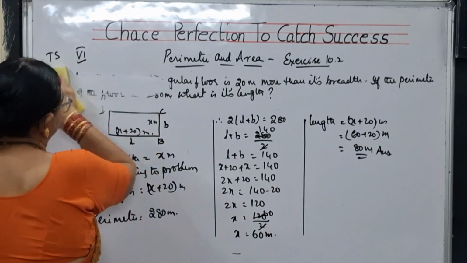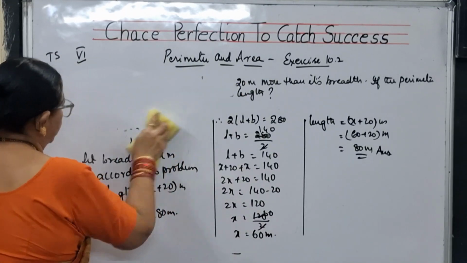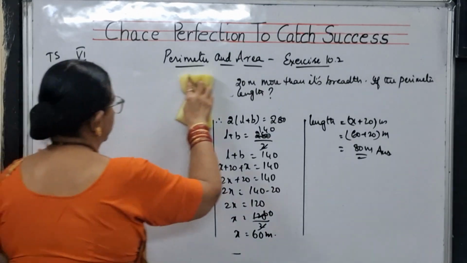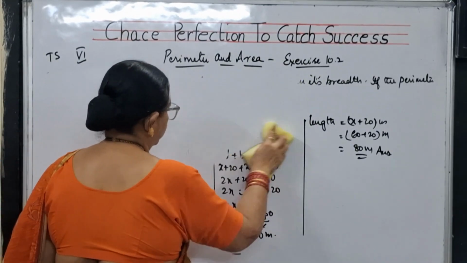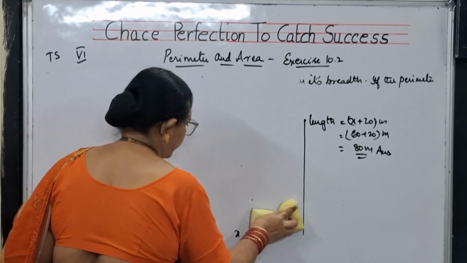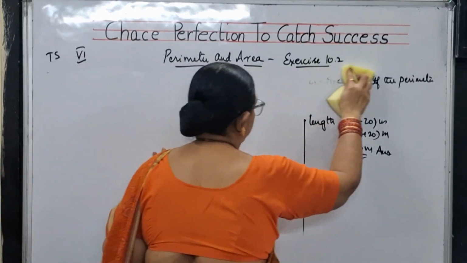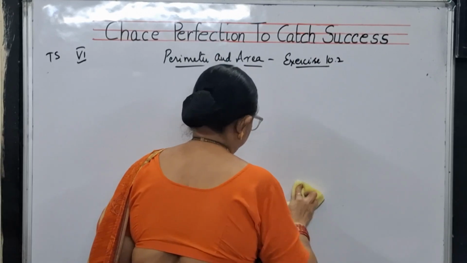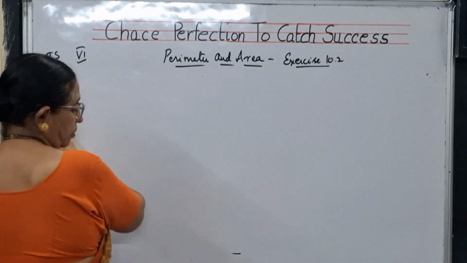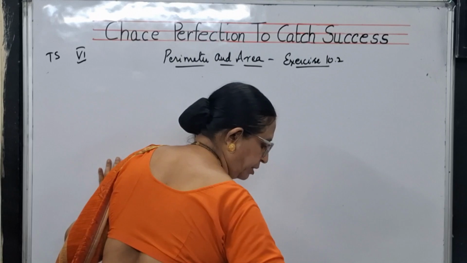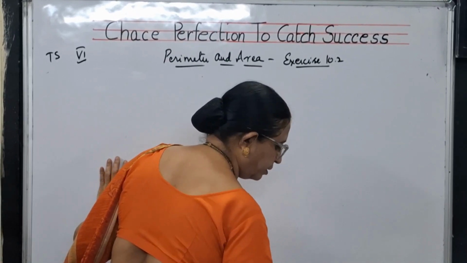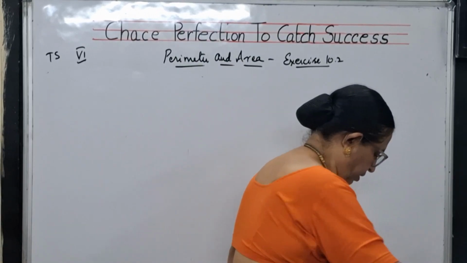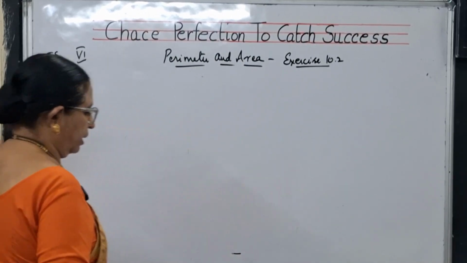Now we will see the 12th sum. Now 12th sum is a rectangular plot.